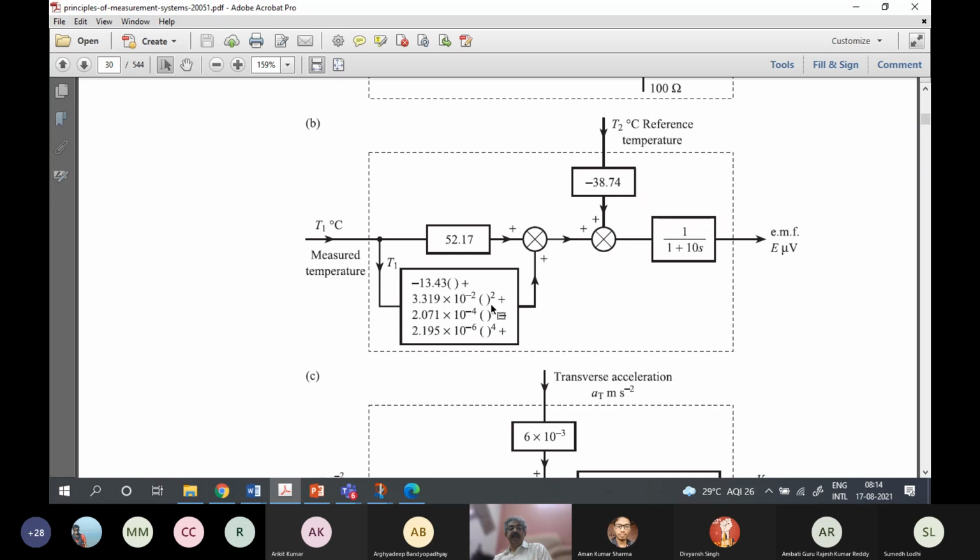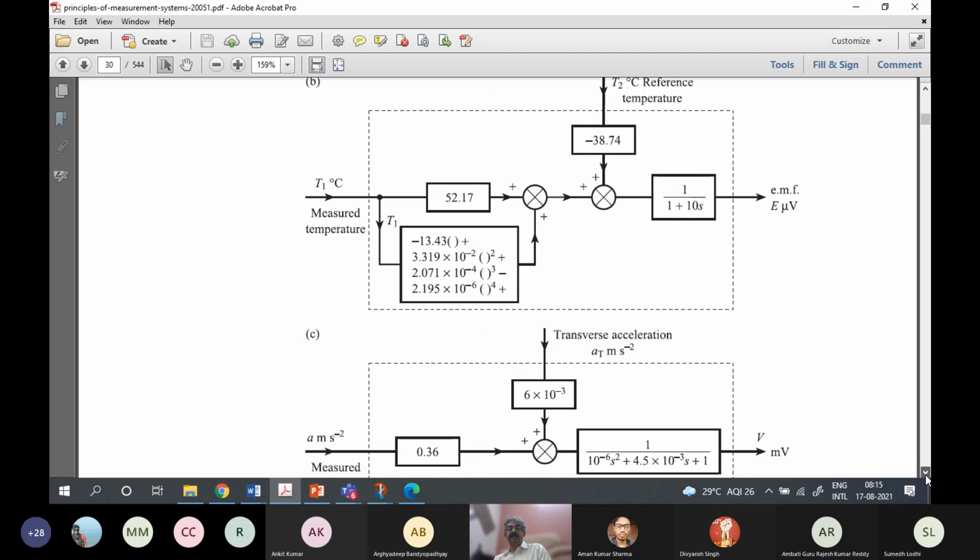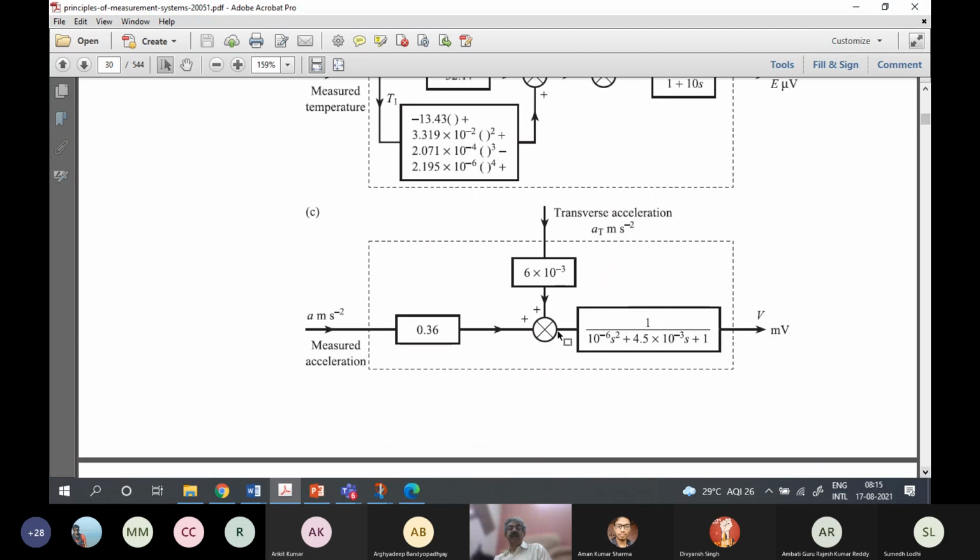But if it is 100 degrees centigrade, then you cannot neglect it, and therefore you should consider these nonlinearity terms. So depending on the temperature range that you are measuring, the nonlinearity term may have to be considered. So this is the thermocouple model, and this is an accelerometer model.